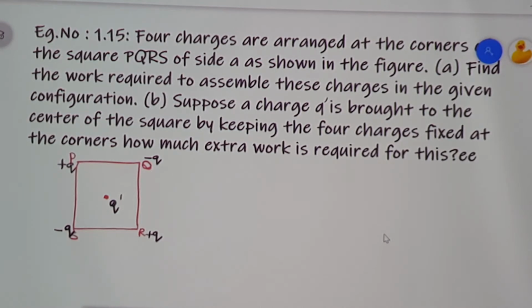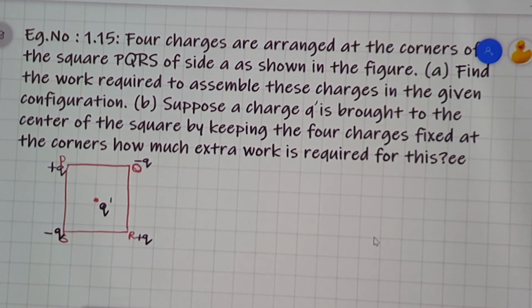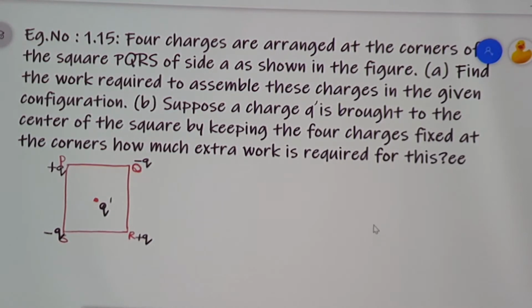Four charges are arranged at the corners of a square P, Q, R, S, and the side of the square is a, as shown in the figure. What is asked? First, find the work required to assemble these charges in the given configuration.